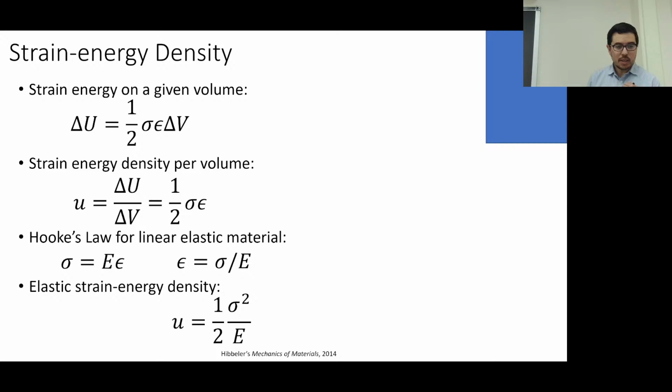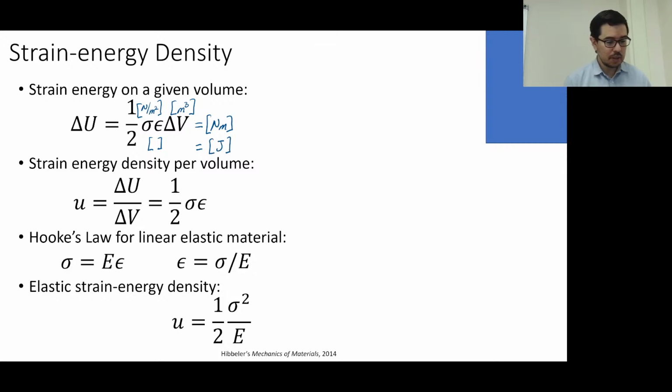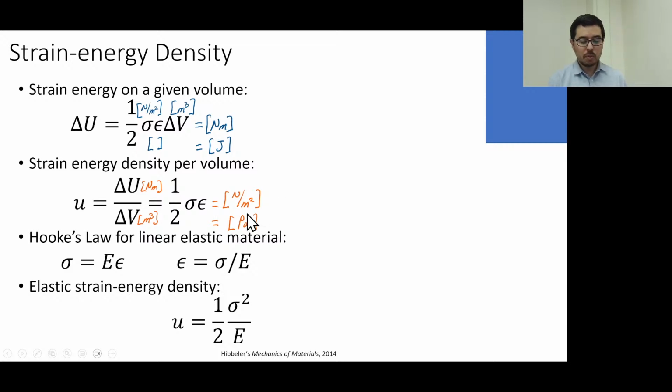What is this really telling us? Well, let's go back to the stress. Here are some units, and this is kind of important. Delta U was Newton meters, not newtons per meter, and delta V is meters cubed. So in the end, the units end up being newtons per meter squared.